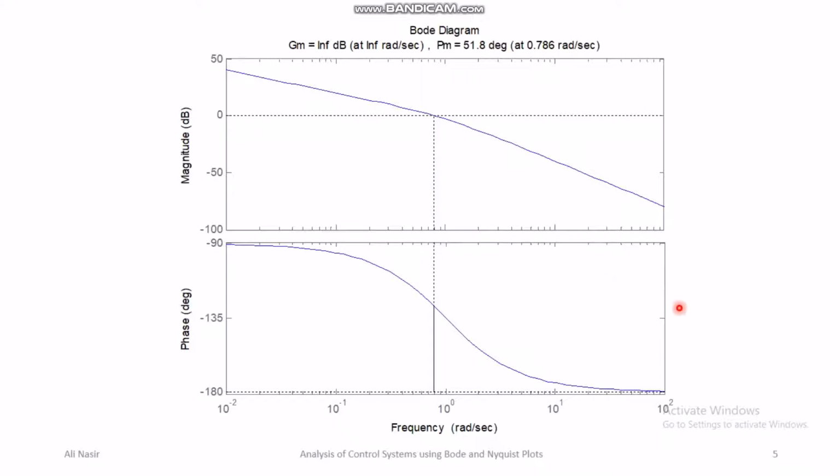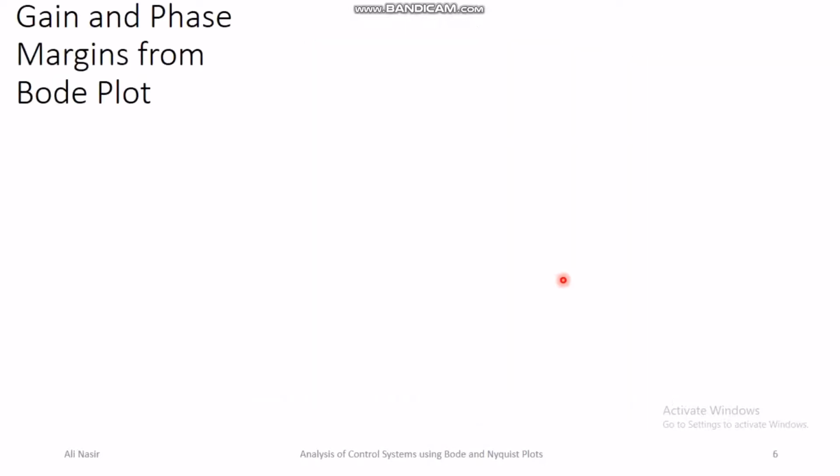So this is how you determine asymptotic stability from the Bode plot. You just look at the gain crossover frequency and phase crossover frequency. If the phase crosses minus 180 after the gain has crossed the zero point, then the closed loop system will be asymptotically stable. Similarly, there are ways to determine gain and phase margin from the Bode plot. It's basically quite easy.